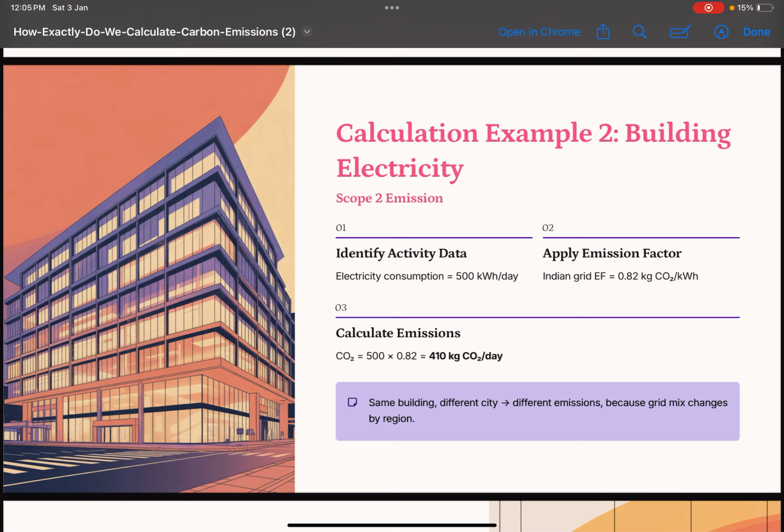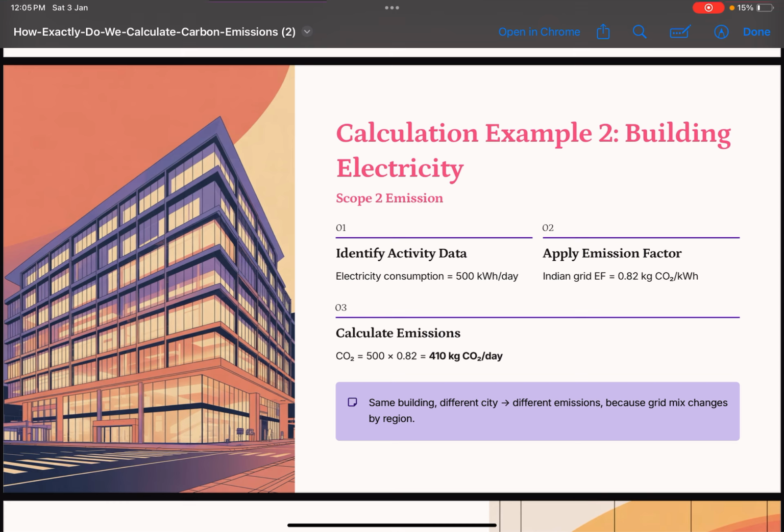So 500 kWh per day is the electricity consumed, and let us say that the industry is in India. Then for India, we take the emission factor for grid electricity as 0.82 kgs of CO2. Then the activity is electricity consumption and the emission factor is 0.82. Multiply the two, we get the scope 2 emission because of the purchased electricity. So in this case, it comes out to be 410 kgs of CO2 per day.